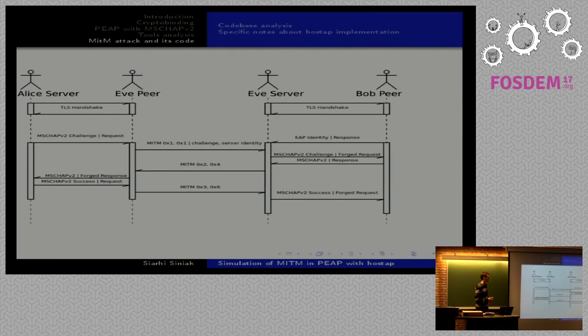So then I started to add communication between these two man-in-the-middle state machines. Like Alice server sends a challenge request to if peer. If peer does not have a password, even the hash of this password, then if peer starts a pending state, it's just specific functionality of the implementation hostap, and sends the data to if server.